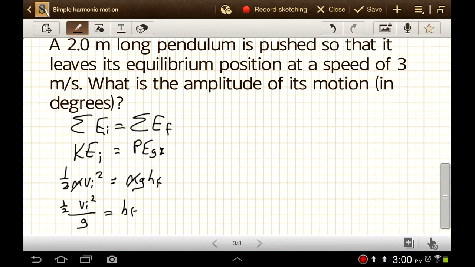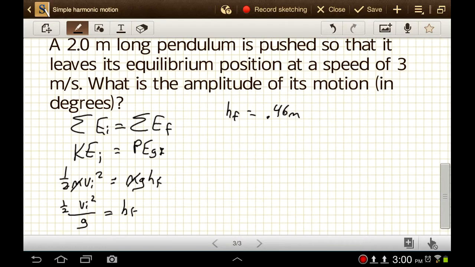And so in this case, our final height is going to be 0.5 times 3 squared is 9, divided by 9.8 meters per second squared, which is 0.46 meters. Now this question didn't ask for the final height, it asked for the amplitude in degrees.